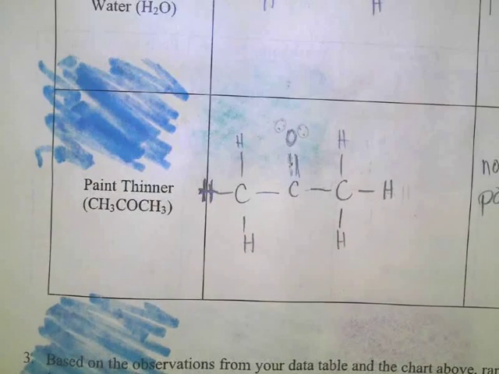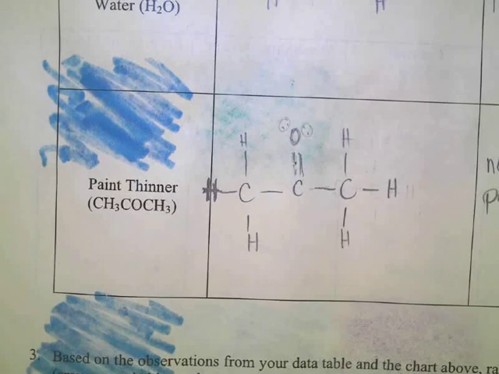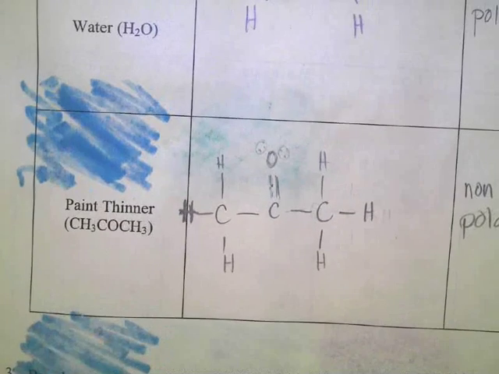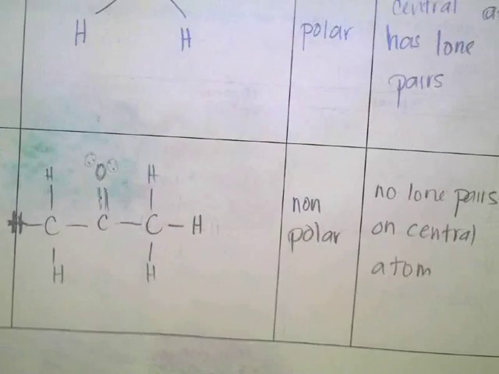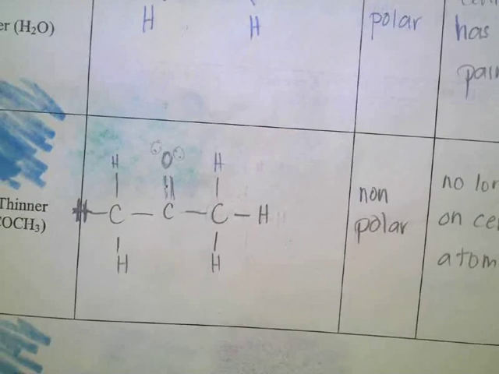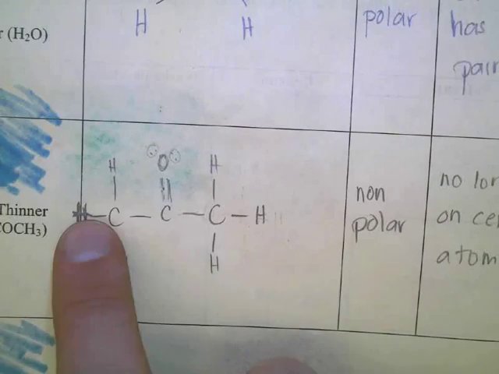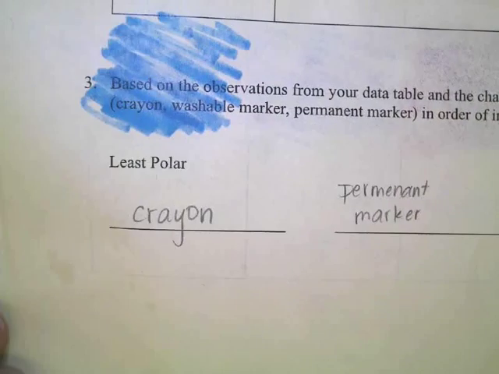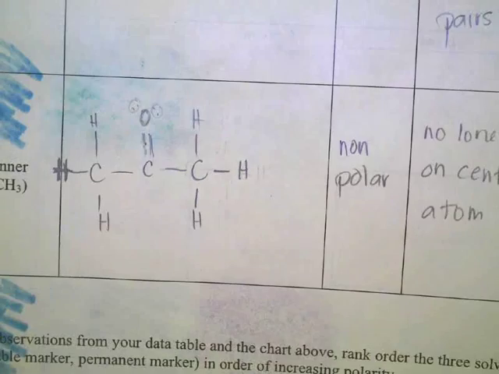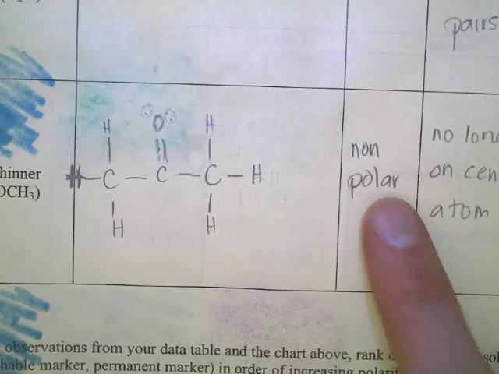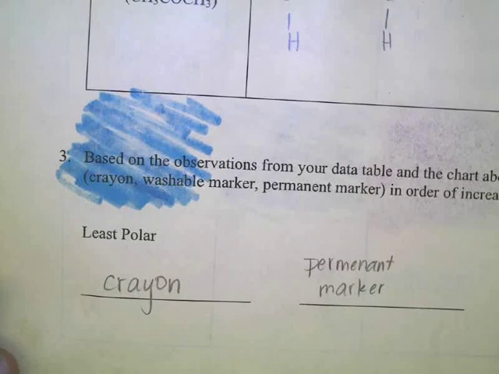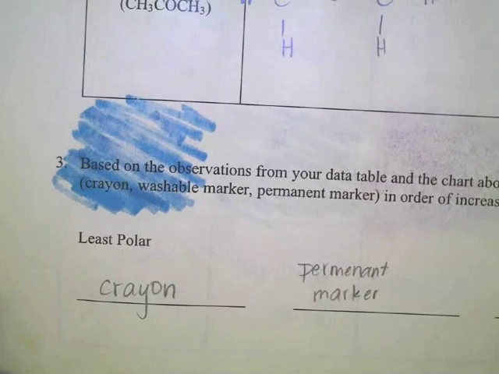Lewis structures drawn here for paint thinner, acetone, and we see no lone pairs on any central atom. Nonpolar, no lone pairs. If you look again, there's a central atom there and there, and we don't see any lone pairs. So let's go to analyze our results. We saw that the nonpolar solute did dissolve in the crayon.